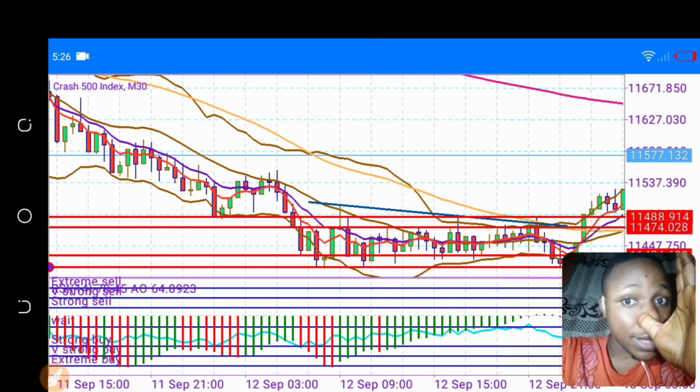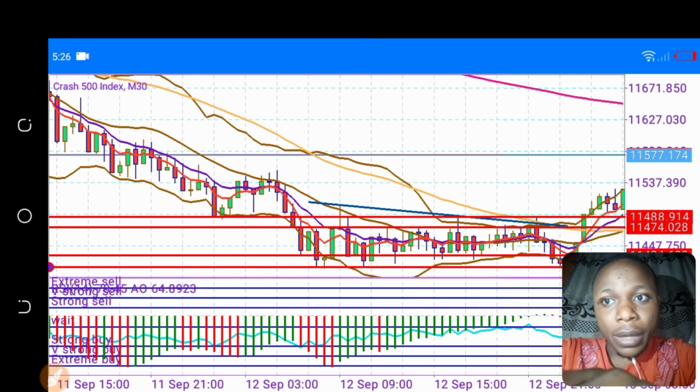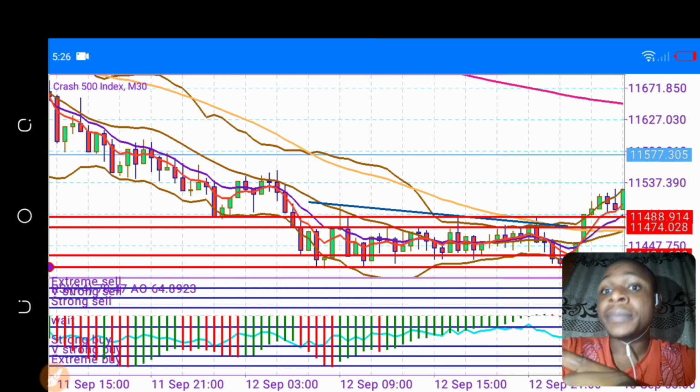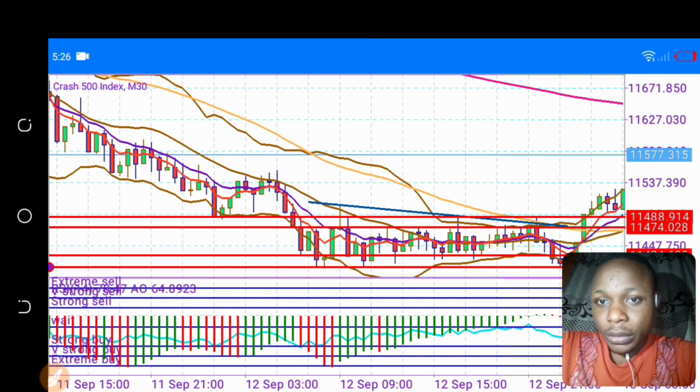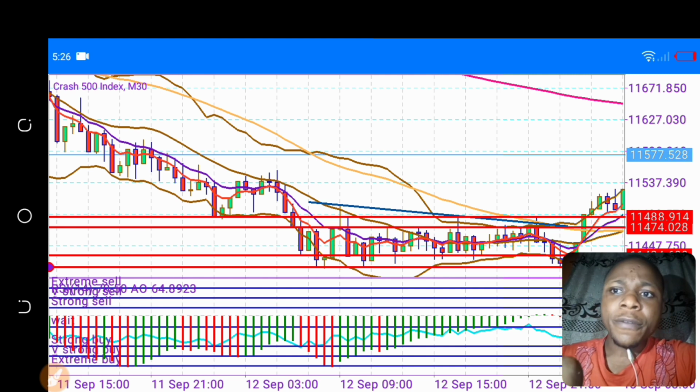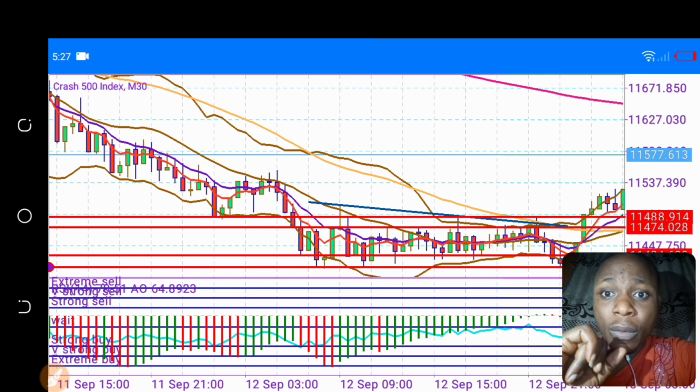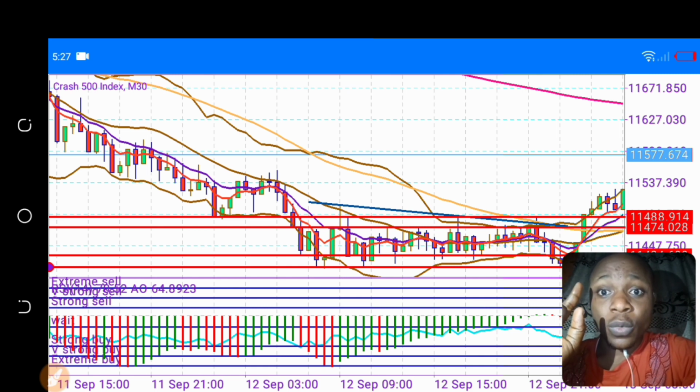If you enter a sell over there, now I told you that there is some analysis you will do that will make you know if you're going to trade only one spike or multiple spikes. If you enter a sell over here, you shouldn't expect just one spike here.